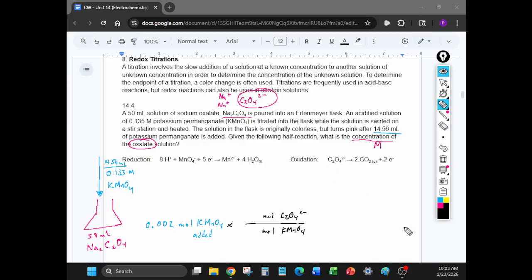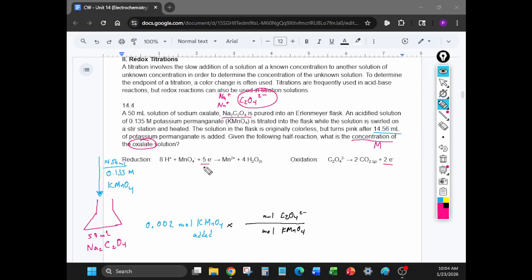And so we need to combine them using Hess's law. However, if you take a look at the electrons, here we have 5 electrons, and here we have 2 electrons. We need to balance that out. So in order to balance these formulas, we need to multiply the reduction by 2 and the oxidation by 5. That way the electrons can cancel out.